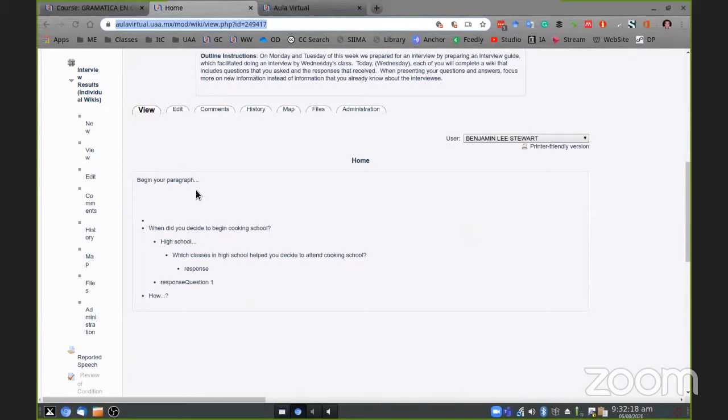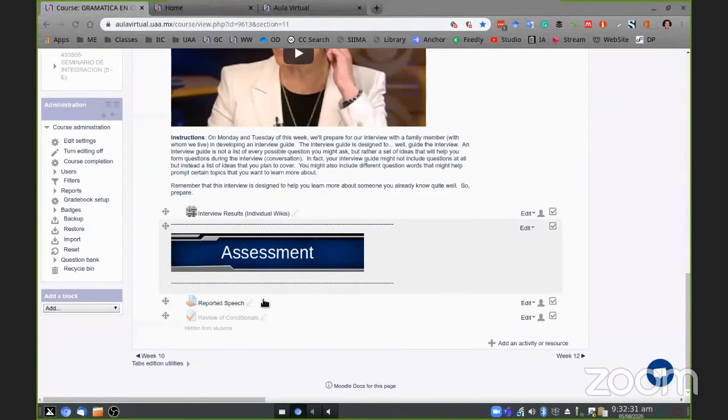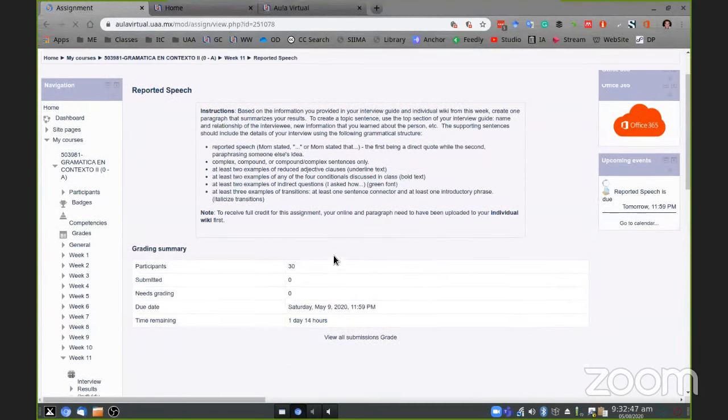Then once you have completed the paragraph, and again, I can look at that and provide you some feedback if you have completed it already, copy and paste that paragraph in the assignment that's located under the assignment tab here in our virtual classroom under week 11. It's called reported speech. And you'll copy and paste the paragraph that you completed in your individual wiki and upload it here to this assignment.